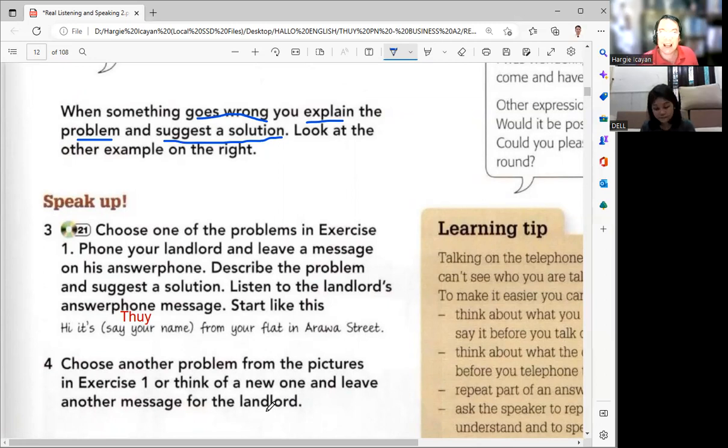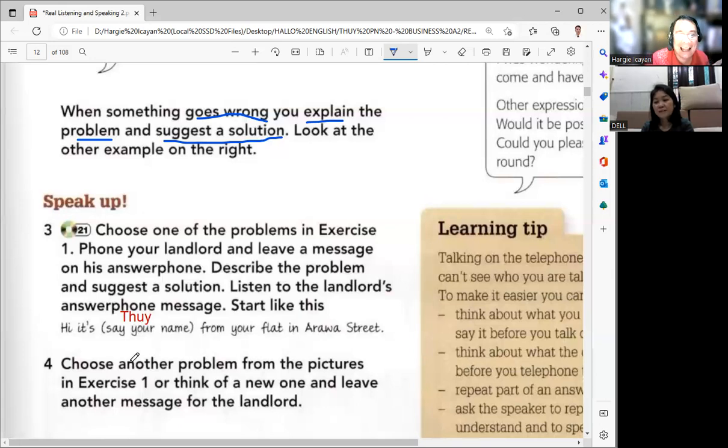Actually, at this point in time, it's not common, right? Because the common way is you just have to text the person on his or her smartphone.